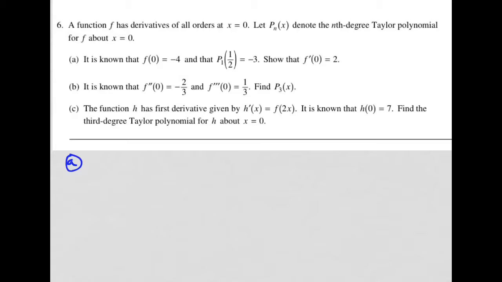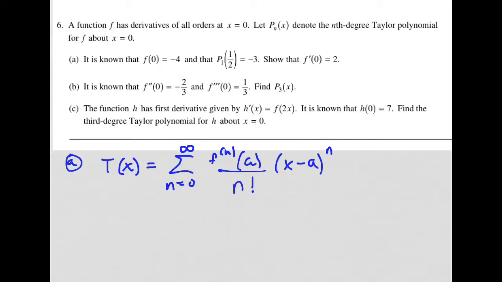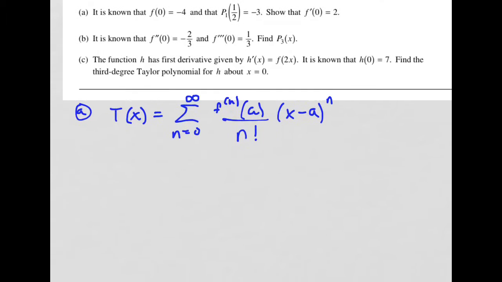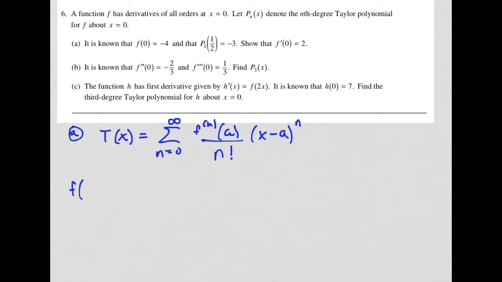So my first thought is, wait a minute, maybe I can use the Taylor series formula for this. When I plug in 0, I get just regular f. A is the center, so A is 0. And I need to figure out that part. Well, n is 0, so 0 factorial is just 1.